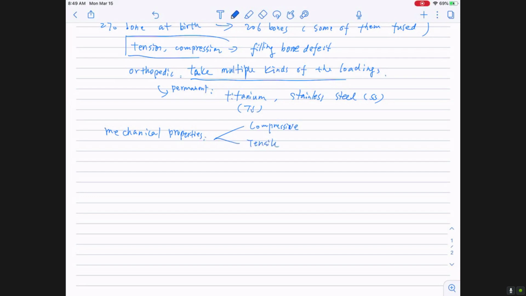So what happens if the material or biomedical device biomaterial has very high or extremely high hardness?